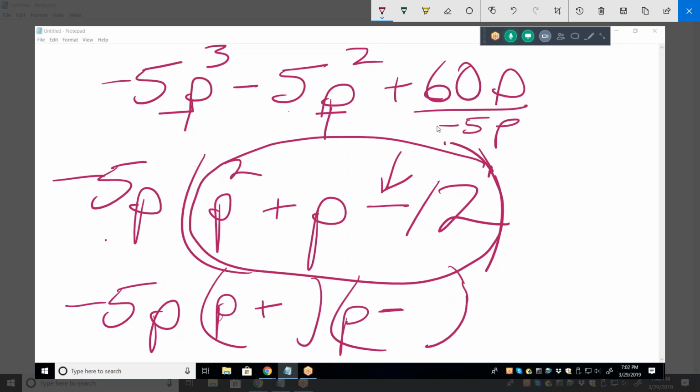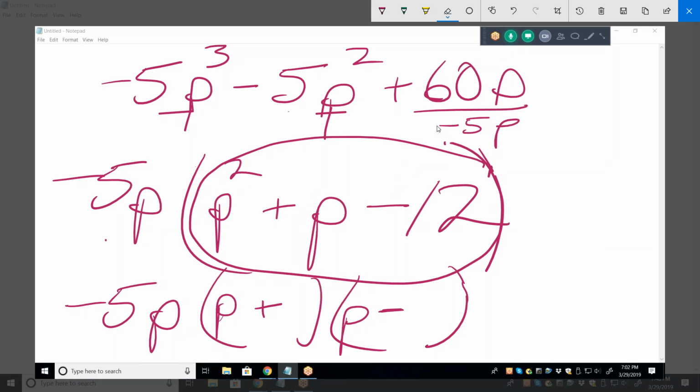Not to p, the coefficient of p. 1. It trips people up here because the 1 is not written, they don't see it. But it's still there. So I'm definitely looking for factors of 12 that subtract to the number 1.